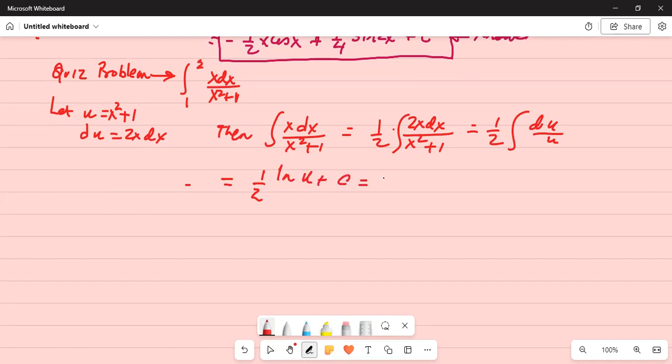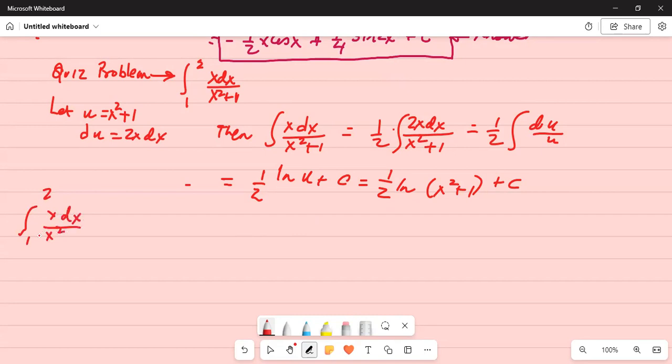And that is equal to half, for u we can substitute x squared plus 1, plus c.